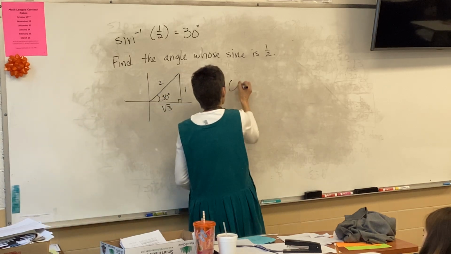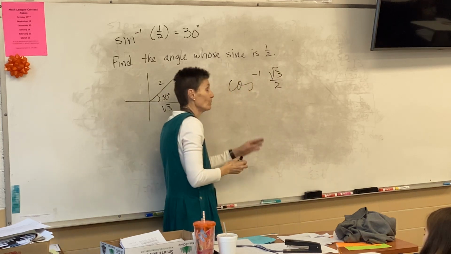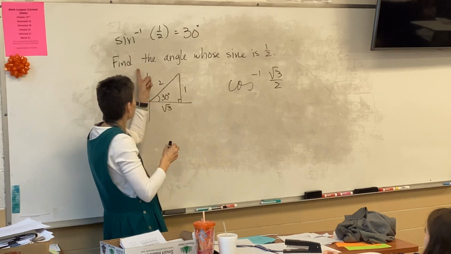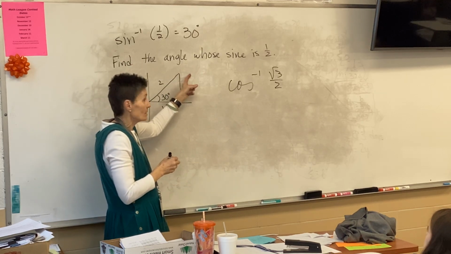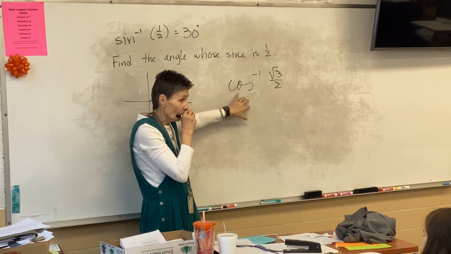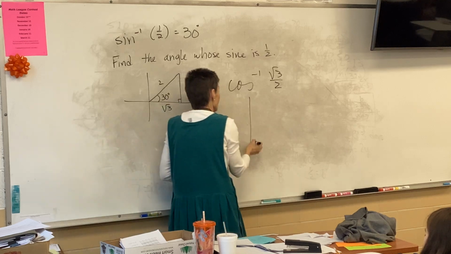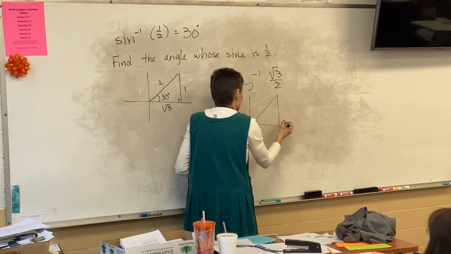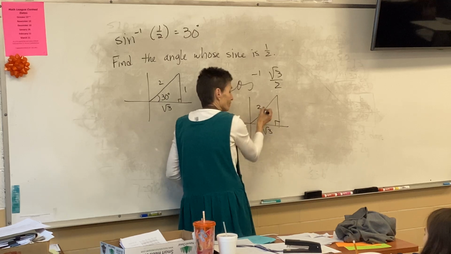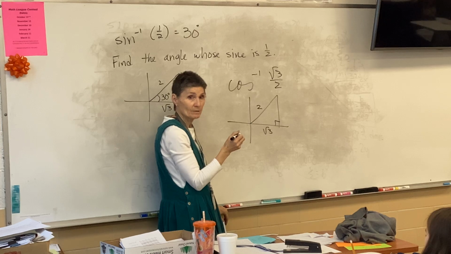How about B? The angle whose cosine is √3/2. This notation literally says find the angle. So find the angle whose cosine is √3/2. Adjacent over hypotenuse.